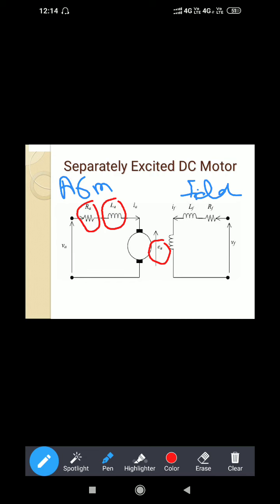Similarly, the LF and RF represent the field winding. RF is the resistance of field winding, LF is the inductance of field winding, right? So with this circuit diagram, we can write the voltage equation for separately excited DC motor.